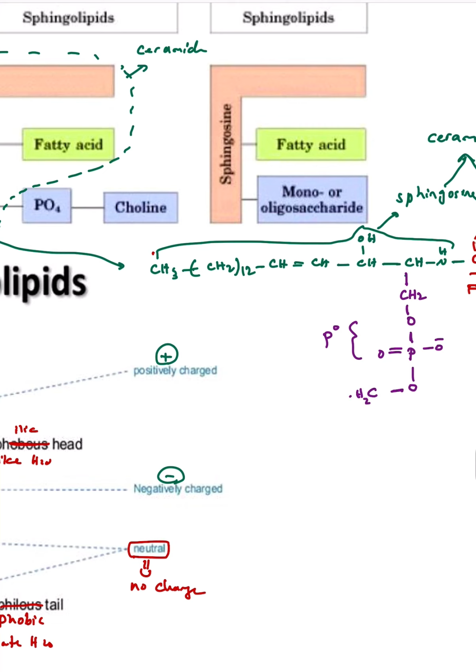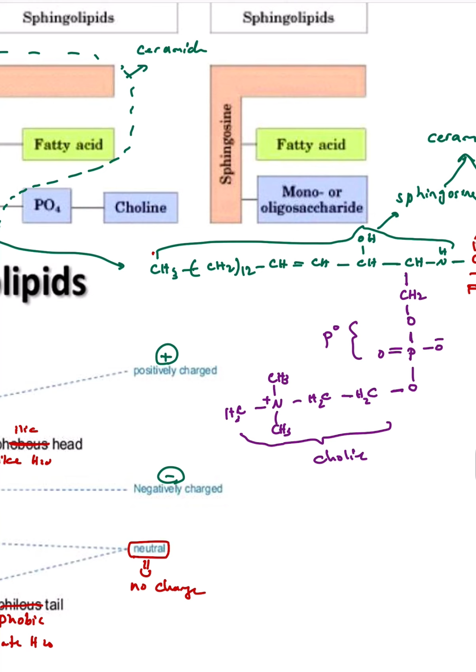Choline is ethanolamine with three N-methyl groups, CH3, positive. As you see here, it is a choline, and a phosphate which binds to the sphingosine. Sphingosine is a carbon chain with a double bond and OH group, which binds to the fatty acid. Very, very easy and very, very important.